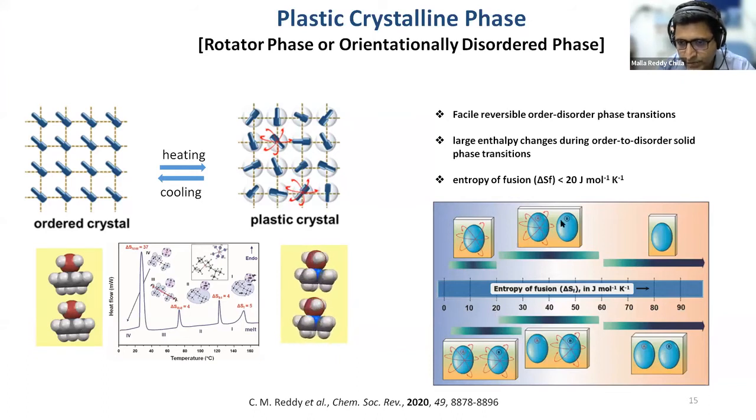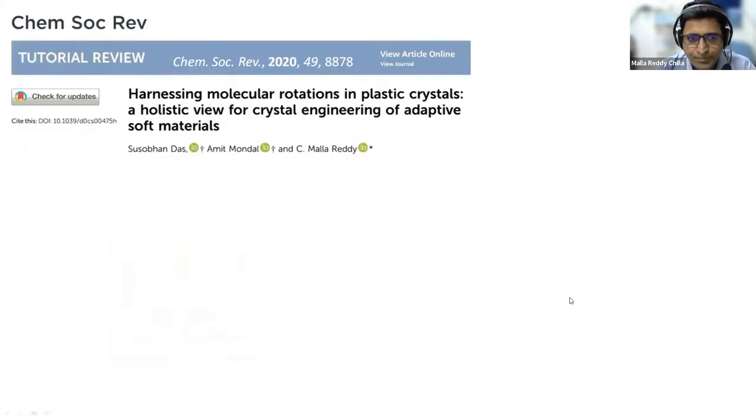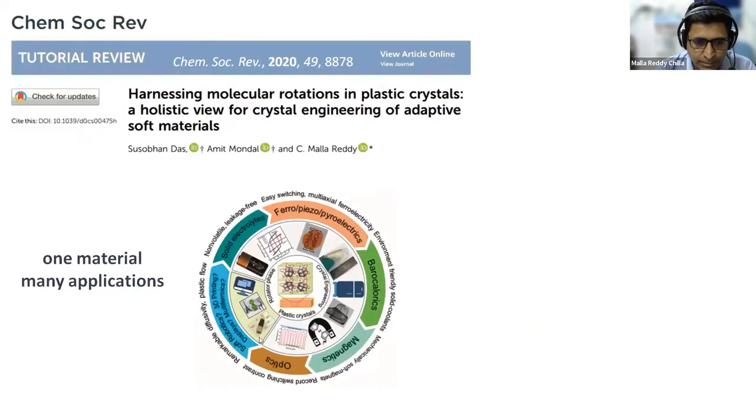If you have two species, like a cation or anion, and only one of them is rotating before melting, then this value goes up. And if you totally have an ordered phase, then you have a very high entropy of fusion. You can look at all these details here, and these plastic crystals also have many applications.